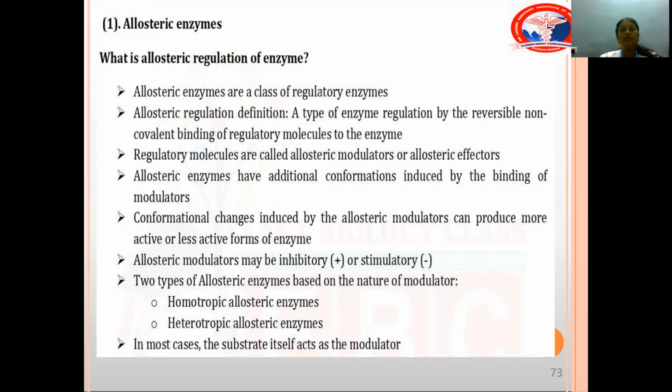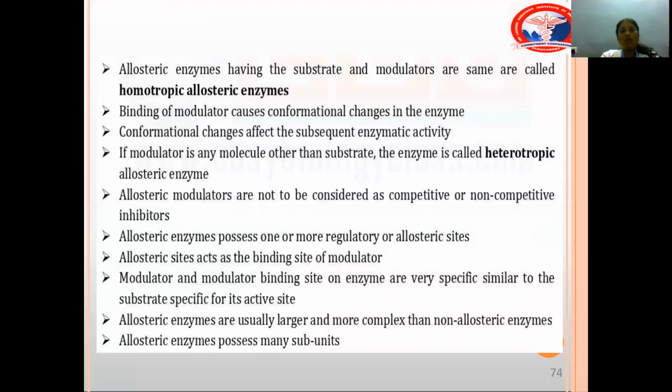In many cases, the substrate itself will act as the modulator, so we don't need another allosteric molecule and another allosteric site. In some conditions, it will be different. Allosteric enzymes in which the substrate and modulator are the same are called homotropic allosteric enzymes.